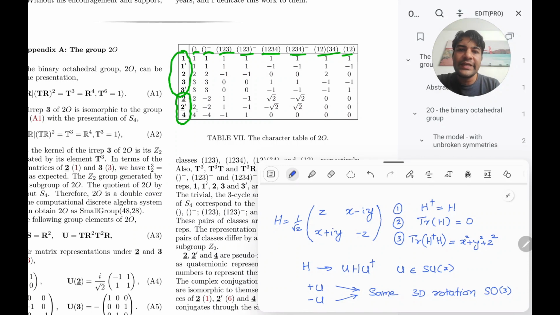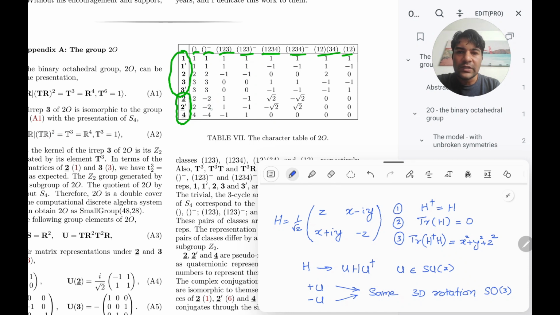There are 48 distinct group elements for these irreps, and 24 of them are minus of the other 24. When you have these two conjugacy classes with and without minus, one of the group elements belongs to one conjugacy class and the negative belongs to the other.